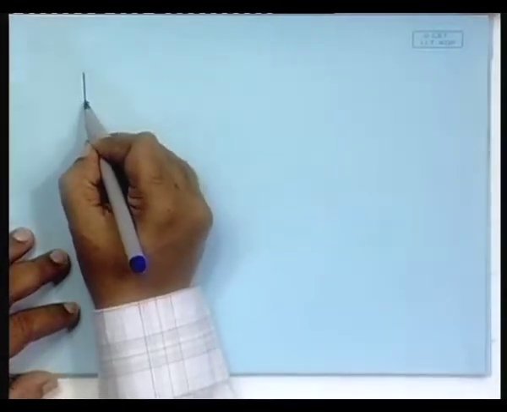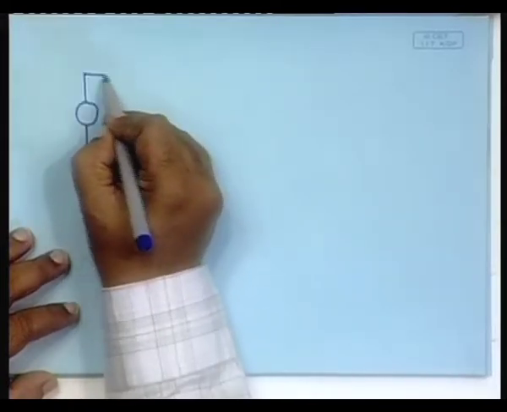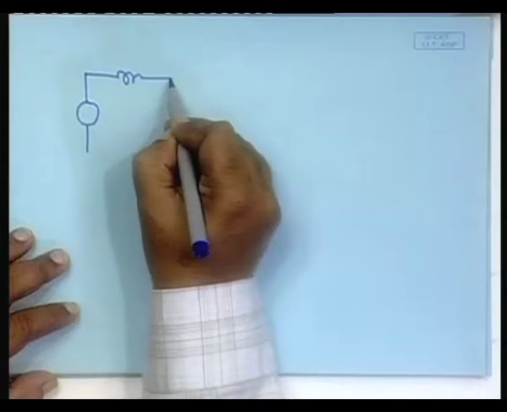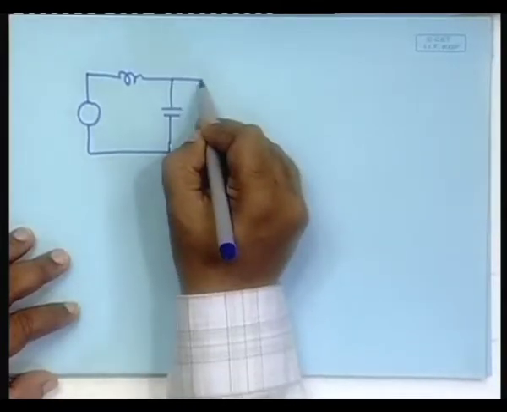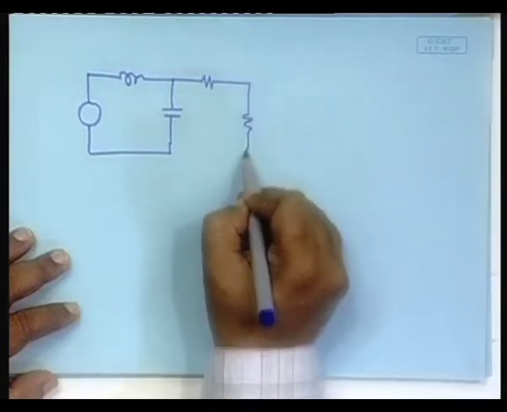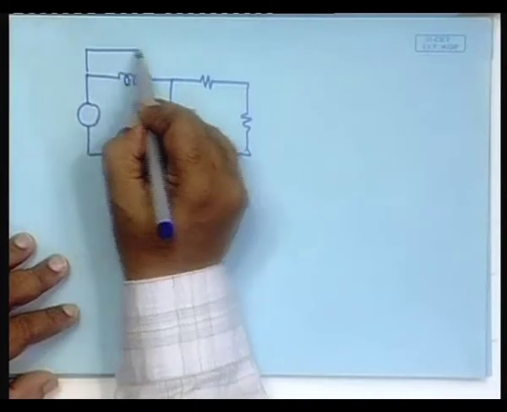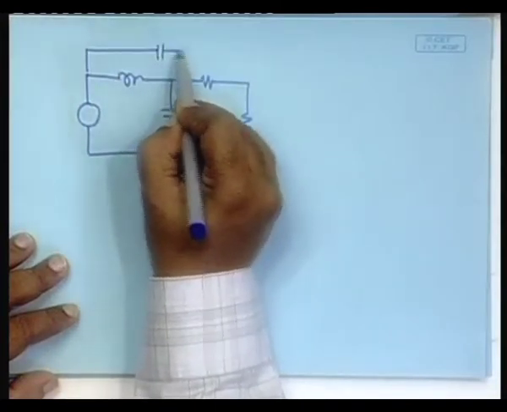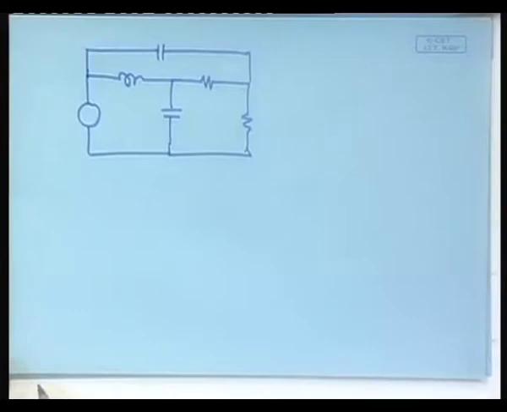The same example that we were doing, the 3 loop example: it has an E, then an inductor, then a capacitor, then a resistor, another resistor here, and is it visible? Yes, a capacitor here. Fine.